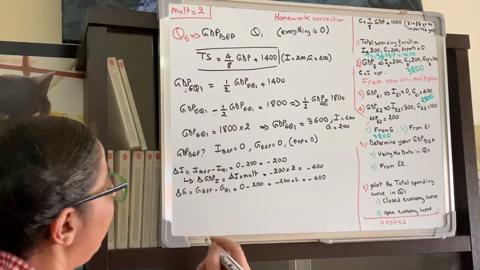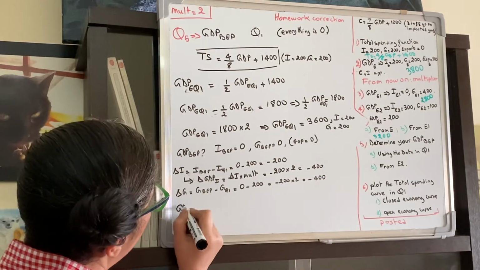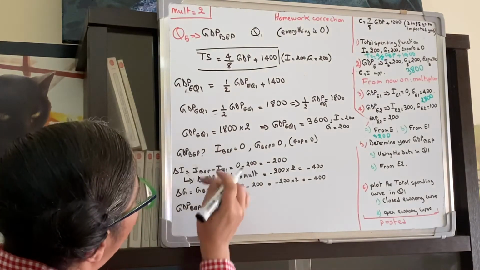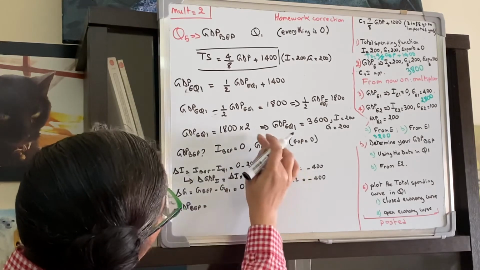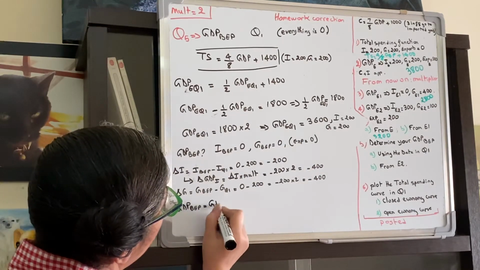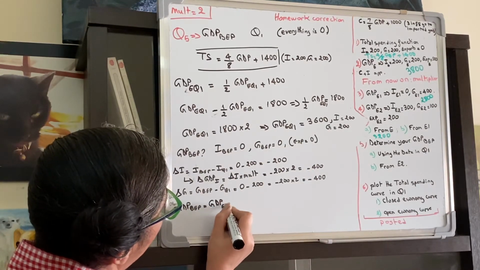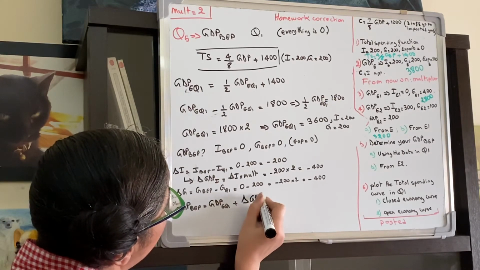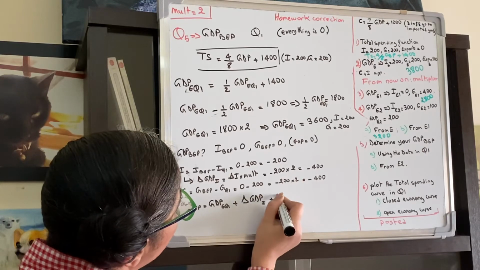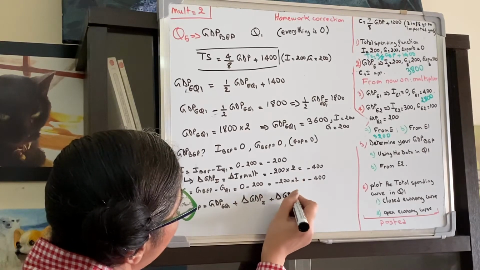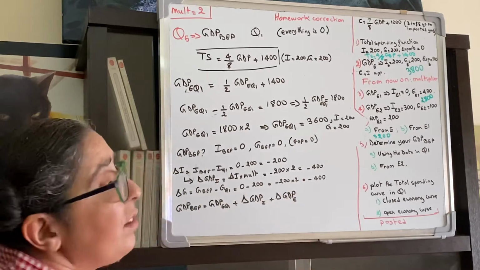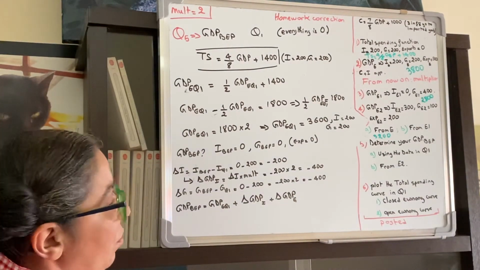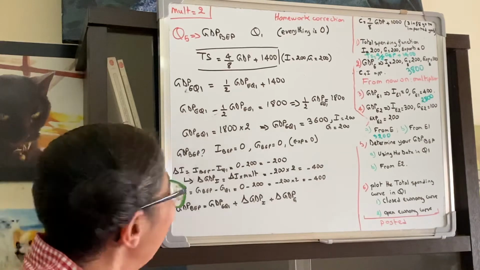So GDP at BEP is equal to the old equilibrium, which is GDP equilibrium question 1, plus delta GDP due to I, plus delta GDP due to G, plus delta GDP due to export. Export is 0 times 0, so times 2 actually.